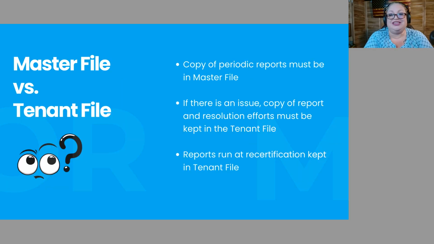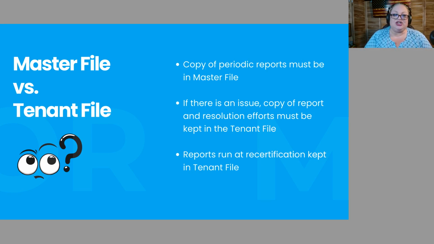One of the items that can be very confusing is what do I keep in the master file versus what do I keep in the tenant file? So a copy of your periodic reports, the things that you actually pull down from EIV, must be in the master file. So your monthly reports, your new hires report, your deceased tenant report, a copy of all of those is in the master file.